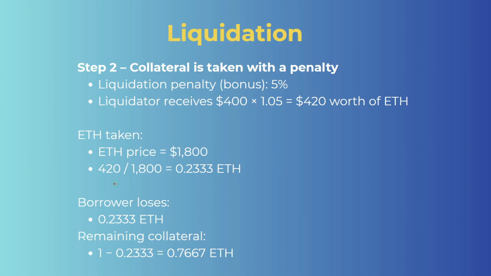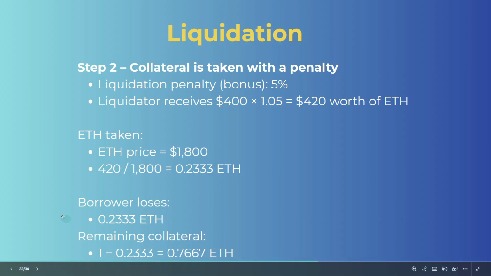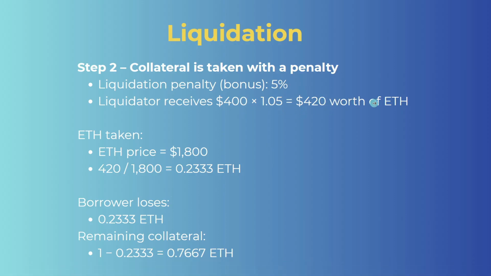Let's say that, as we said, the ETH price was $1,800. So the borrower in this case loses 0.23 ETH, which is the exact amount of ETH that the liquidator receives.